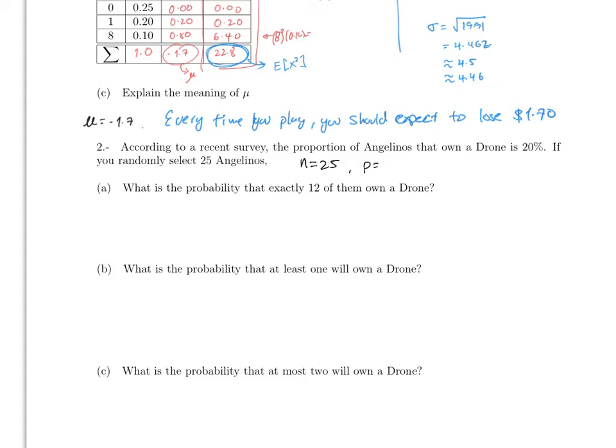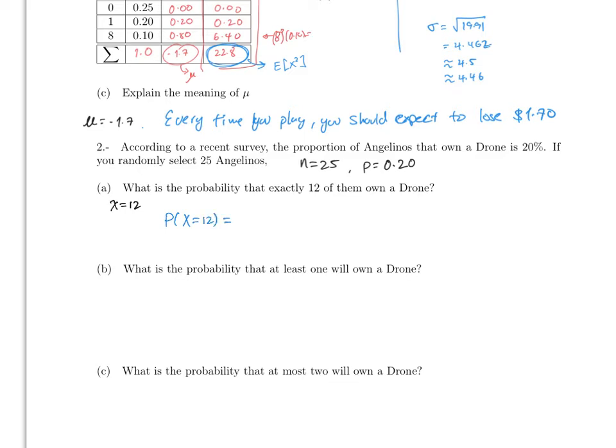What is 20% in decimal? It's 0.2 or 0.20. Either one is the same. And remember, x is whatever the question is asking. In this case, it says what's the probability of exactly 12? So for this particular problem, x equals 12. So the question is asking what's the probability that x is 12.